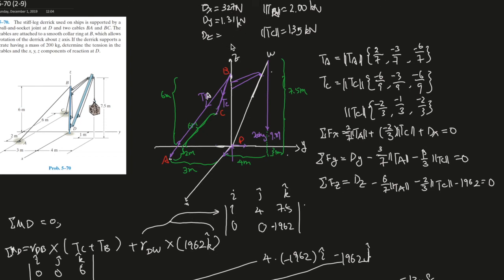The 4 digits, I think it was 1,307 newtons. And dz, put everything in here, minus the 1,962. dz should give you 4,576, so 4.58 kilonewtons.